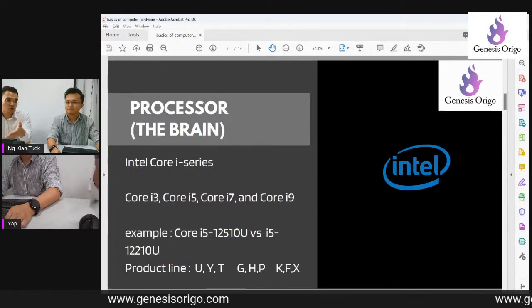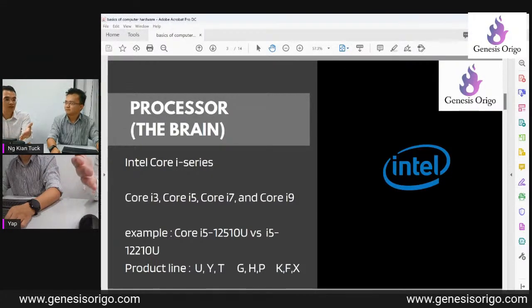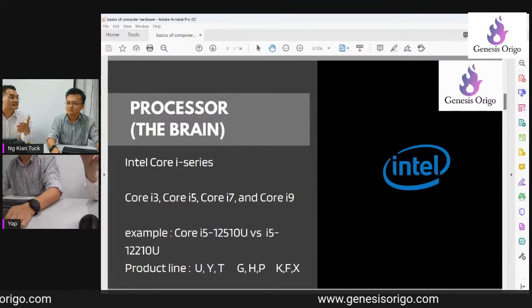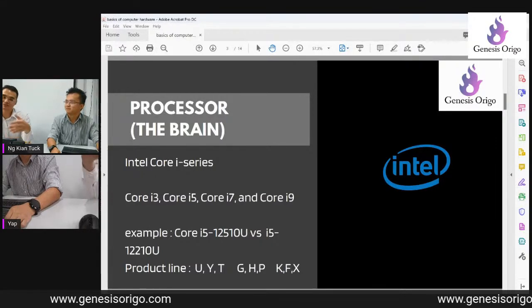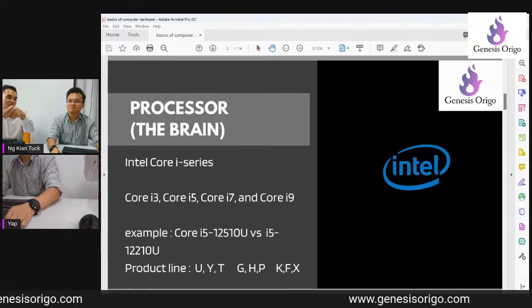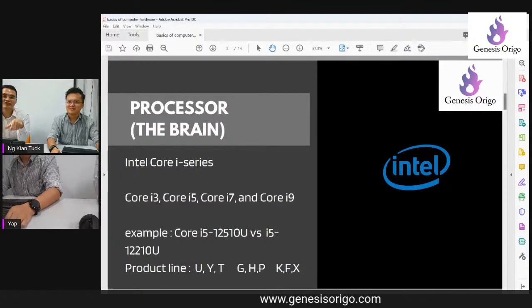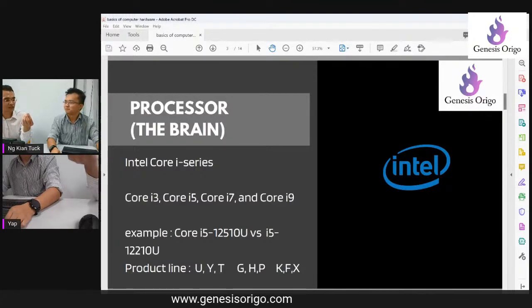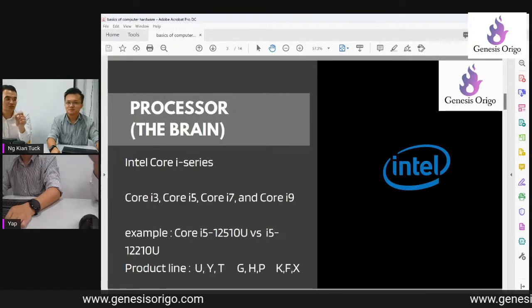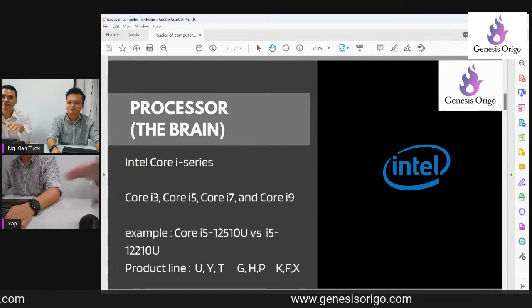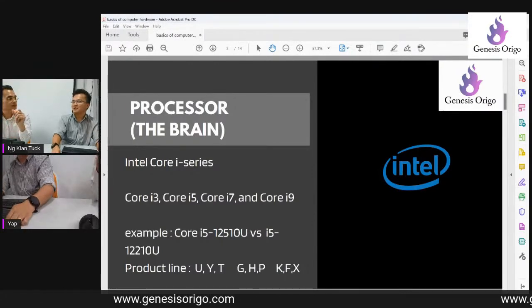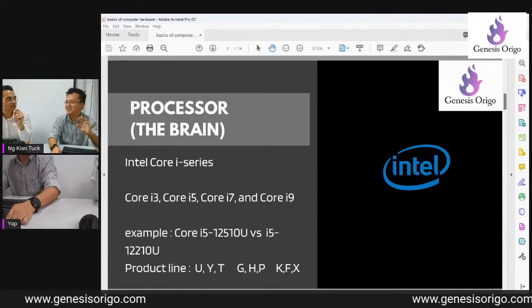And i3 generation 12 is actually more powerful than the i7 7th generation. So i3 is supposed to be the lowest one, but the 12th generation is more powerful than the i7 in generation number 7. So as of today, if you're on a tight budget, you go for an i3 generation 12. I believe it is already very powerful to perform the average task. It's definitely sufficient to complete the task within the tight budget.